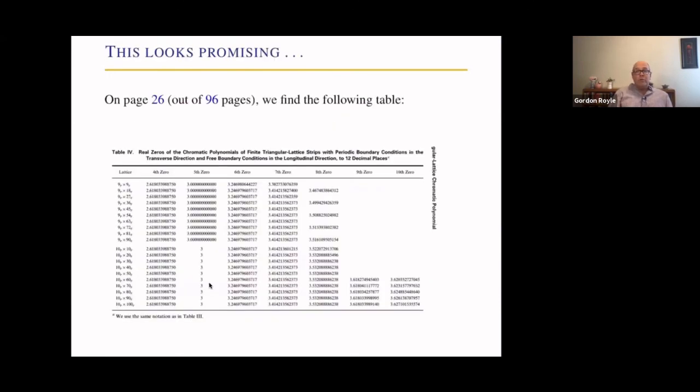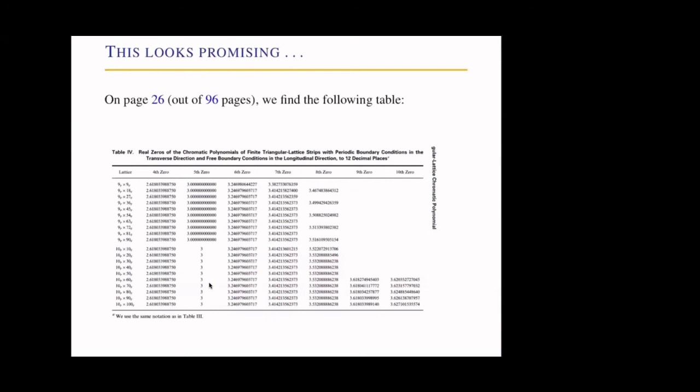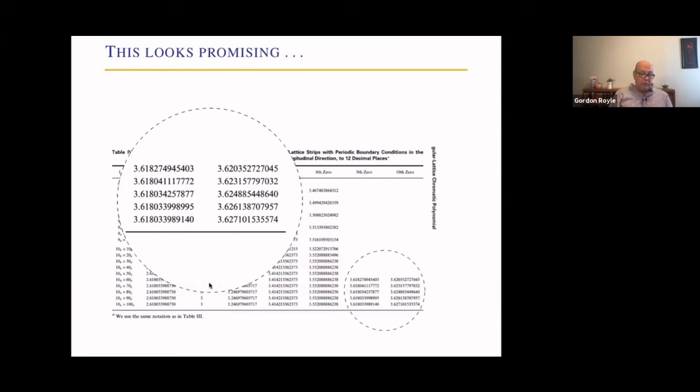So on page 26, I found the following table. That's the real zeros of all of these lattices of different lengths and widths. Probably doesn't mean much to you, but look what we see here. These numbers look very much like numbers that are just bigger than 5 plus 2.